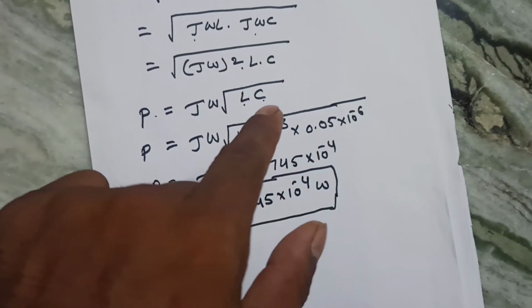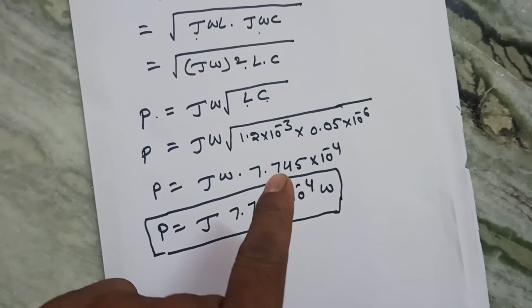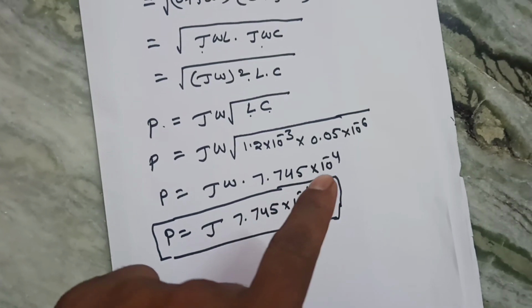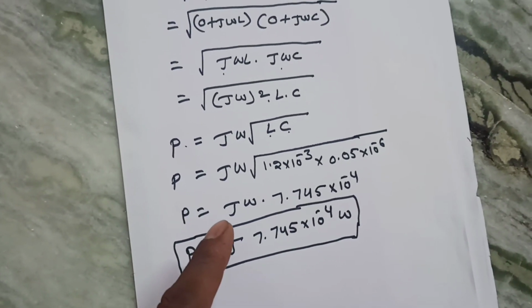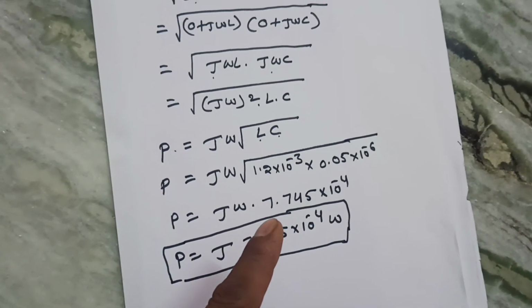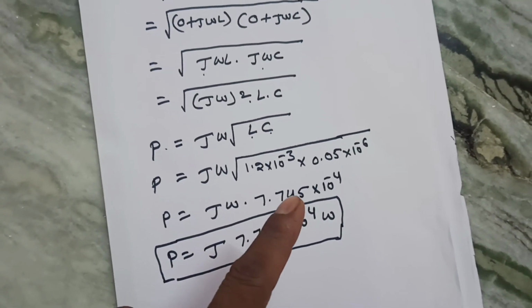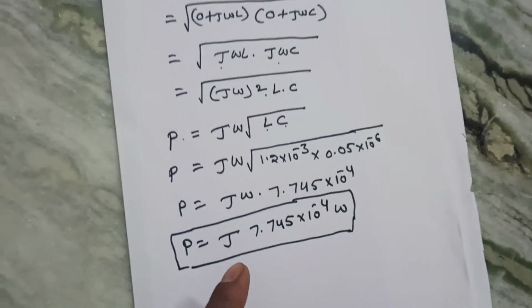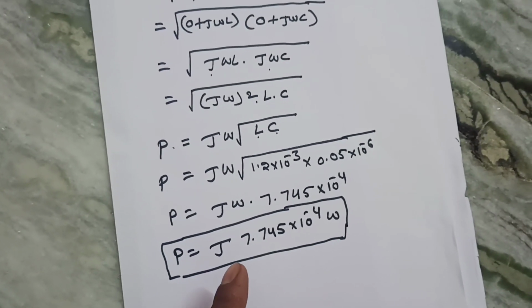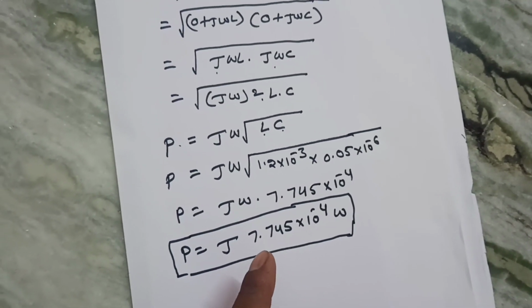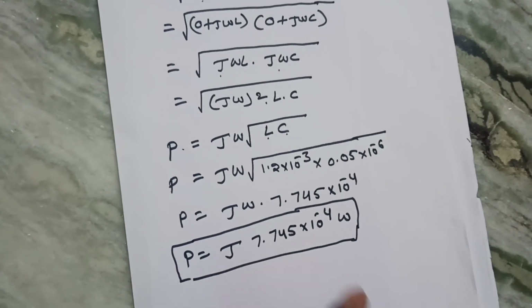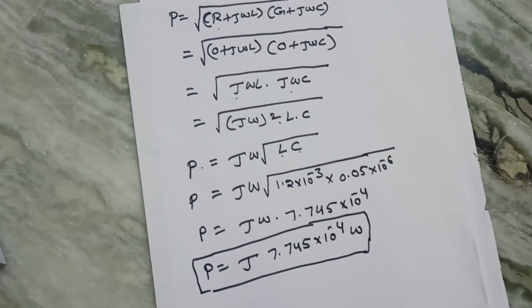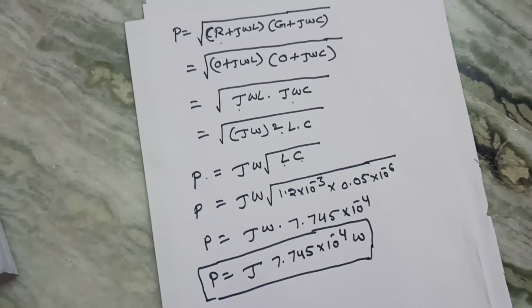After calculating, this becomes 7.745 into 10 power minus 4. So the propagation constant P is equal to jω into 7.745 into 10 power minus 4, which is P equals j of 7.745 into 10 power minus 4 ω. This is the propagation constant value.